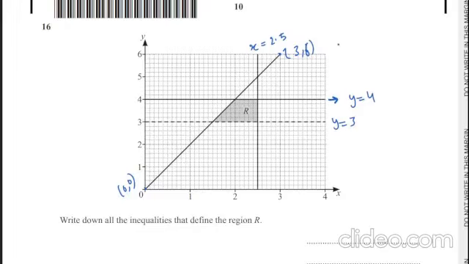So from here we can find the gradient is 2 and the y-intercept is 0. So the equation of this line will be y equals 2x.